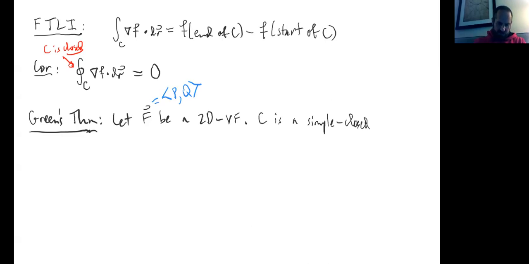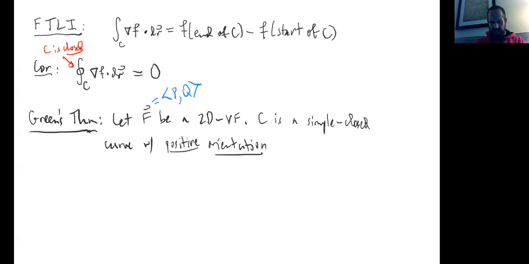Simple closed curve with, and I'm going to throw out one more word in here, positive orientation. What does that mean?